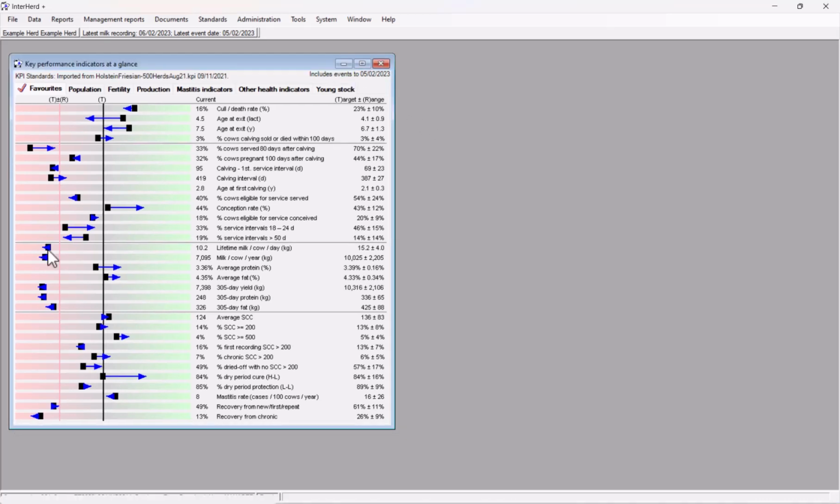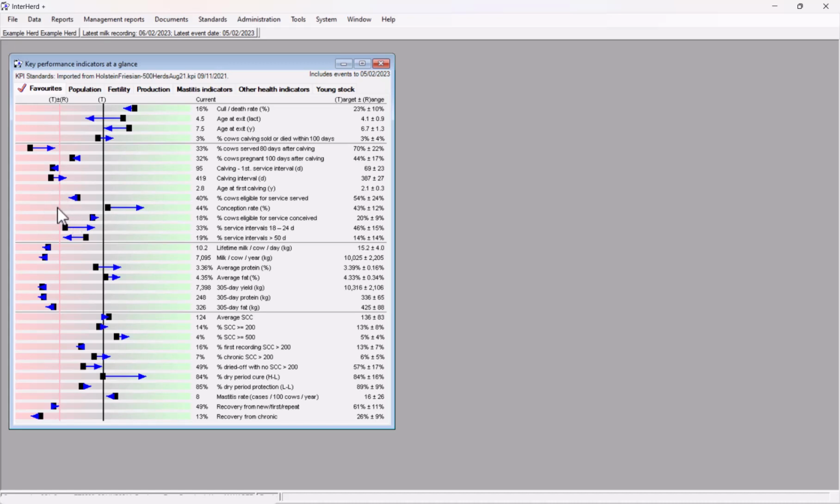If you're using the standard KPIs derived from 500 herds, the target is the level achieved by 25% of the herds. The range is the value difference between the level achieved by the best 25% and the worst 25% of herds. In the graphic, the target is represented by the black vertical line and the lower 25% by the pink vertical line.